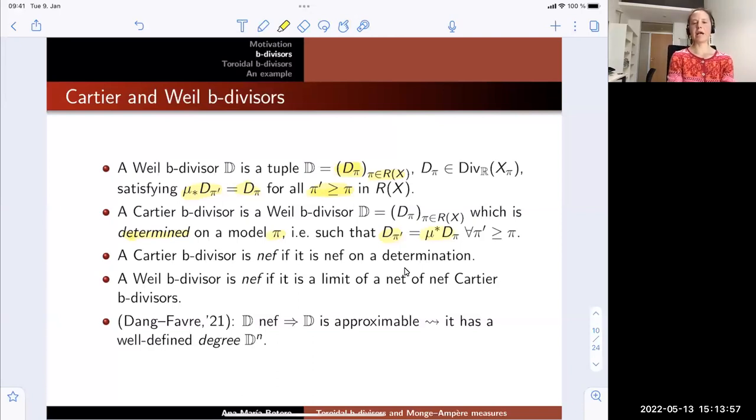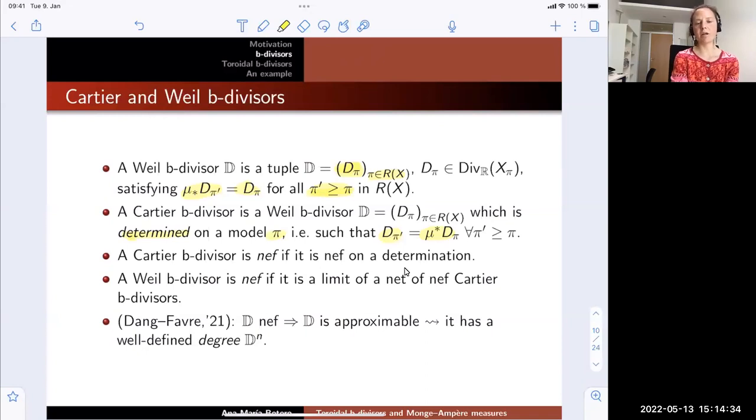So maybe here I say a bit about the topology. The strong topology of Cartier b-divisors is not the subspace topology of the weak topology. So this is not true. The strong topology is much stronger. So, for example, a limit of Cartier b-divisors converges in the strong topology if all of them are determined on the same model, and on this model they converge coefficient-wise.